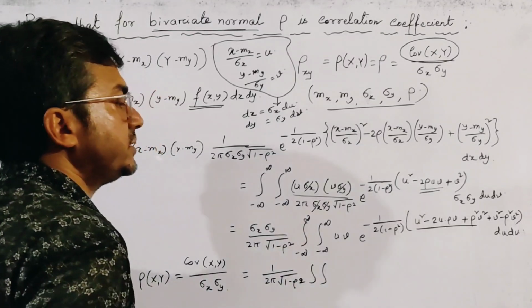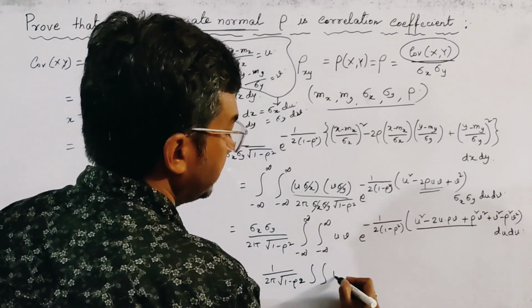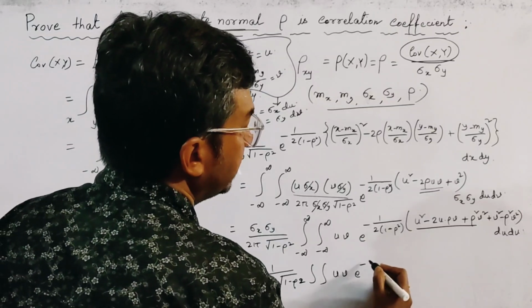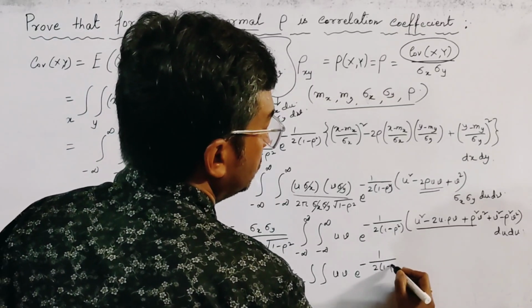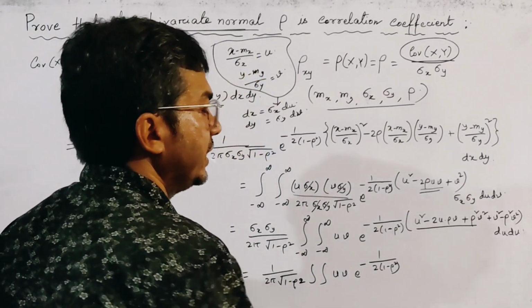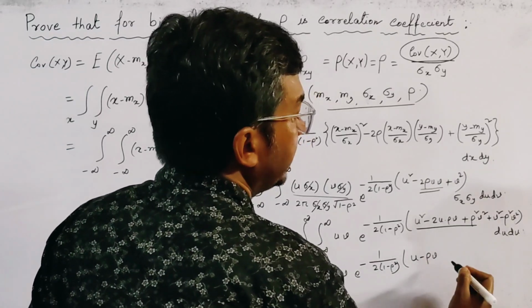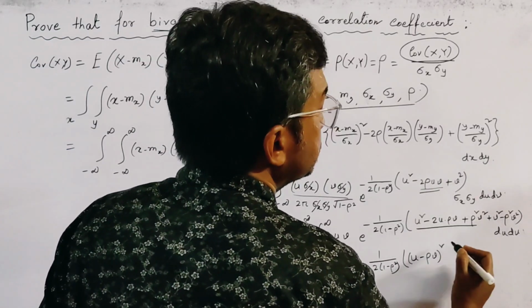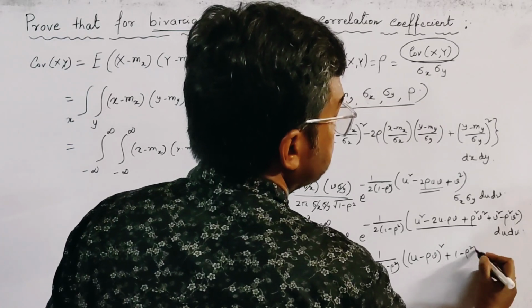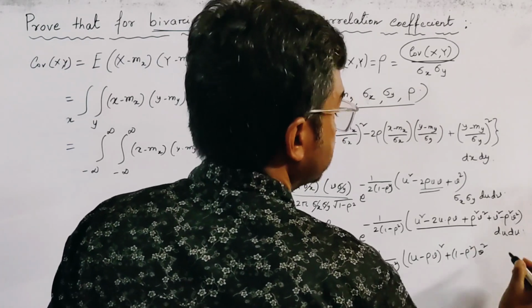This is a double integration, and this term is uv e to the power minus 1 by 2 into 1 minus rho square, and this is given by (u minus rho v) whole square plus 1 minus rho square into v square.